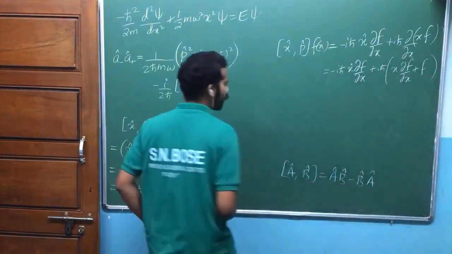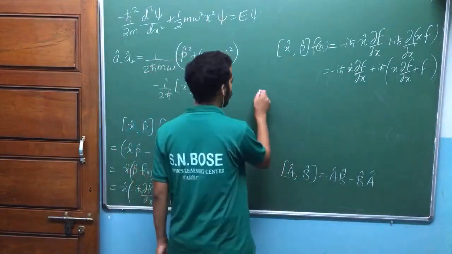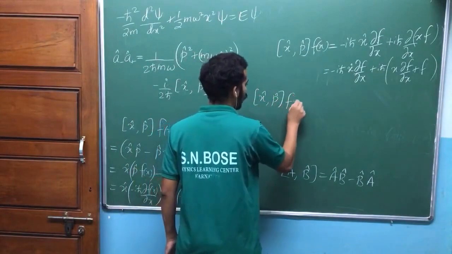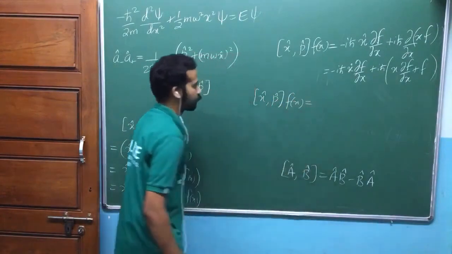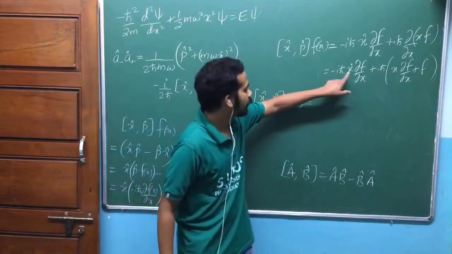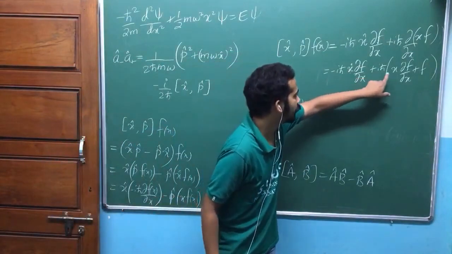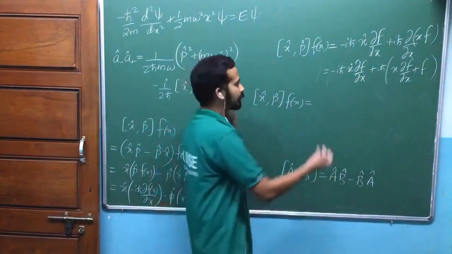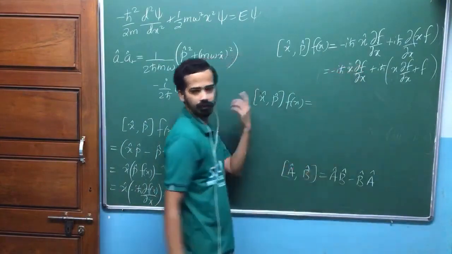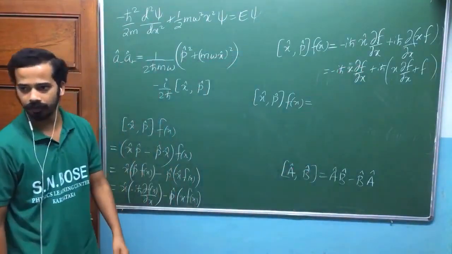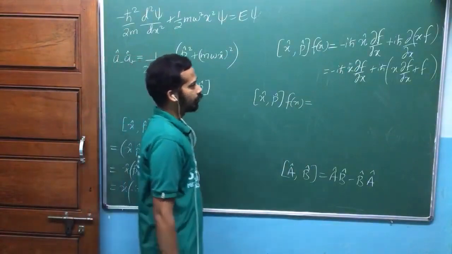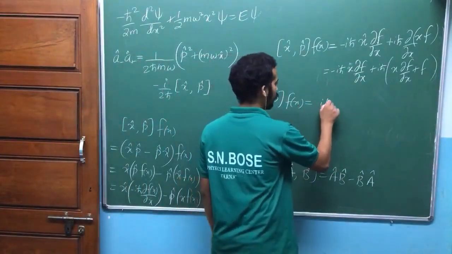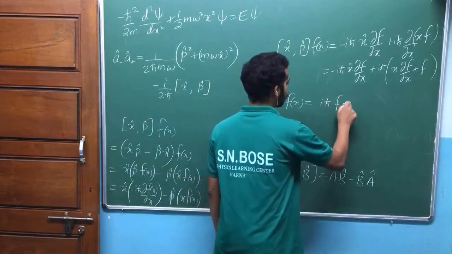Now [x cap, p cap] f of x is equal to minus i h bar x cap ∂f/∂x plus i h bar x cap ∂f/∂x plus i h bar f. You can write x cap simply as x, you don't have to worry. These two terms get cancelled. What remains? i h bar into f of x.